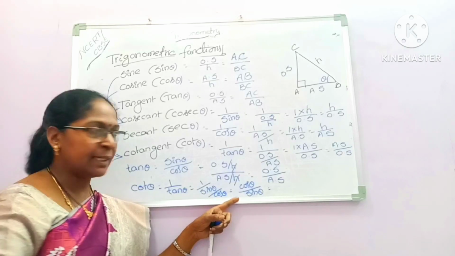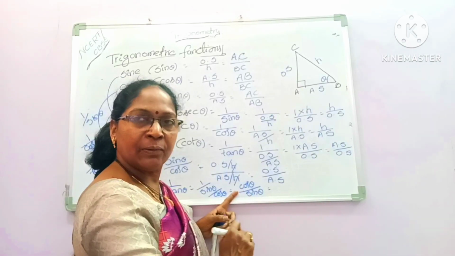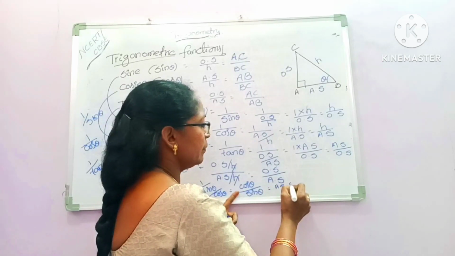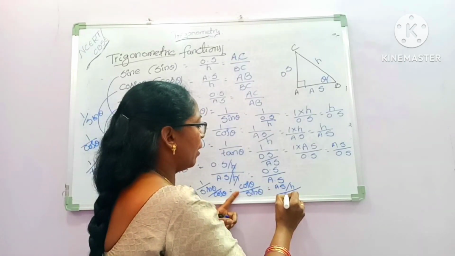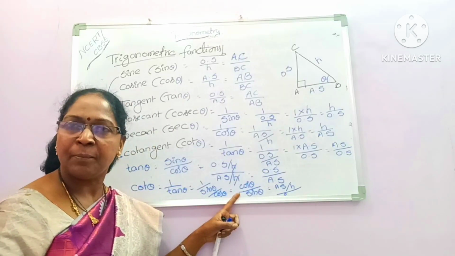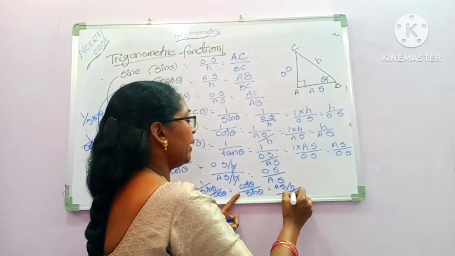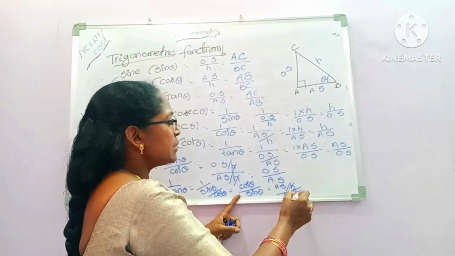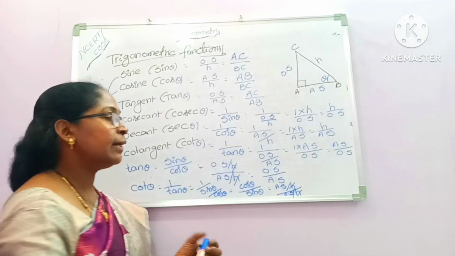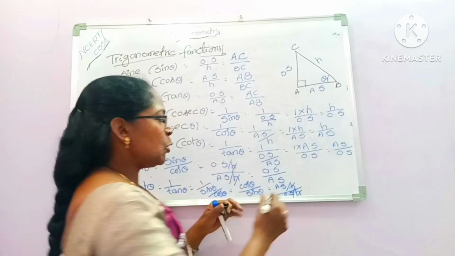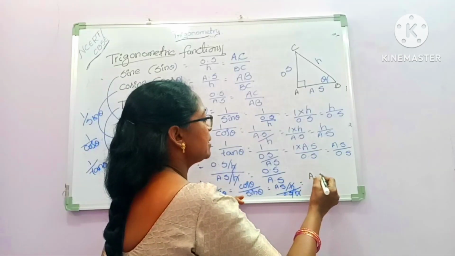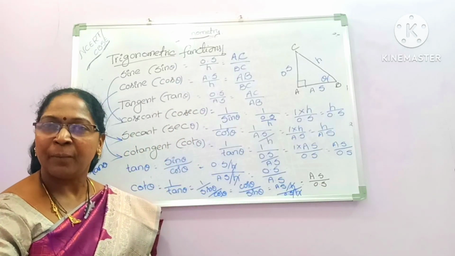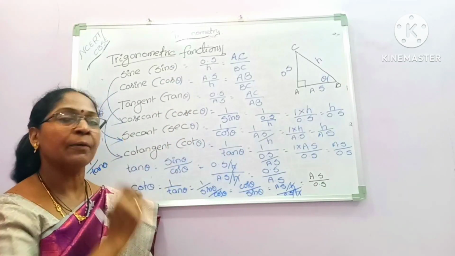Cos theta by sine theta, where cos equal to adjacent side by hypotenuse, and sine theta, what is the sine theta formula? Opposite side by hypotenuse. So here both the denominators you can cancel directly. How you get that I already explained. So here directly you can write adjacent side by opposite side. The formula won't change, but how you get that formula, that also you have to learn.